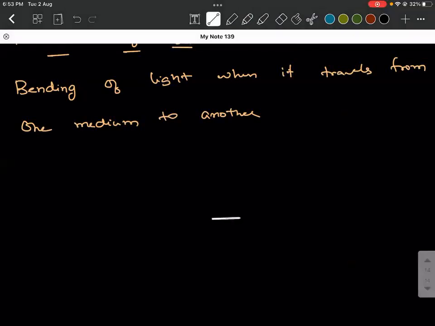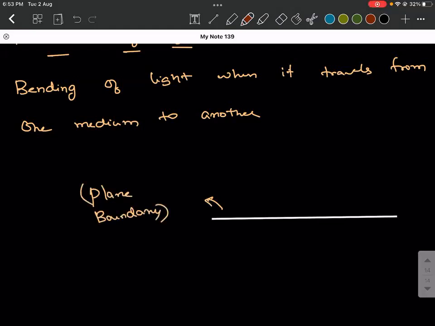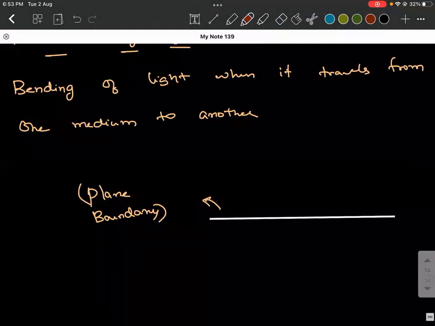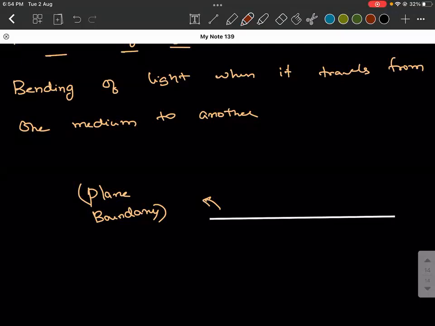Now listen to this. Suppose I have a plane boundary which is separating medium 1 and medium 2.